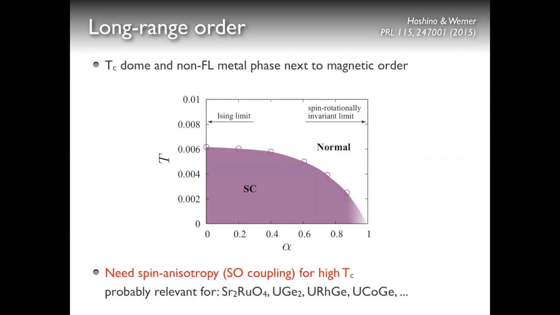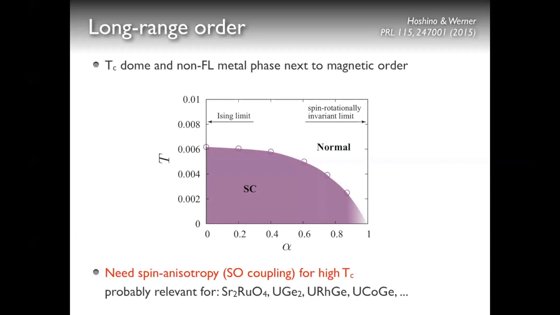So one thing I should emphasize is that to get a reasonably high TC for this triplet superconductivity, we need spin anisotropy. Namely, in the Ising limit, if we neglect spin flip and pair hopping terms, we get a reasonably high transition temperature, whereas in the spin rotation invariant limit, the TC is very low or even zero.